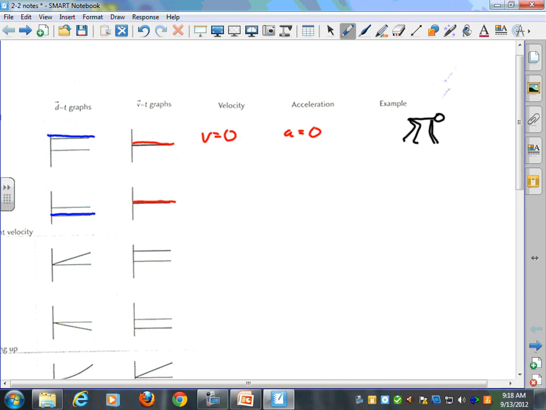Well, you know what? I tend to disagree with the book. Let's just jot this down here first. Let's write velocity is 0 and acceleration is 0. They say that it means they're facing the other direction, but why do you think I would disagree with that? In fact, I'm not 100% sure that I agree with this one. If this is stopped and you're in a positive direction, then I'm going to put a line there.